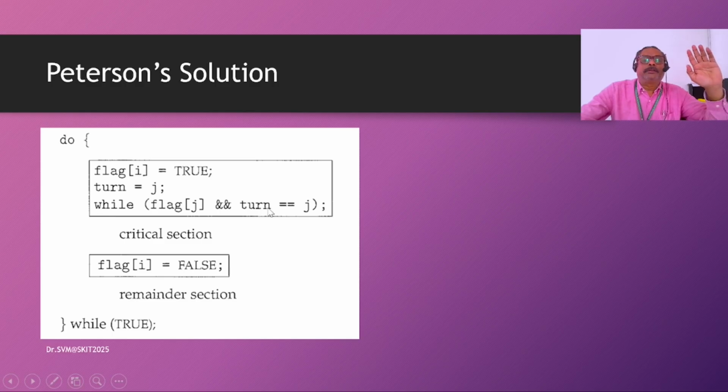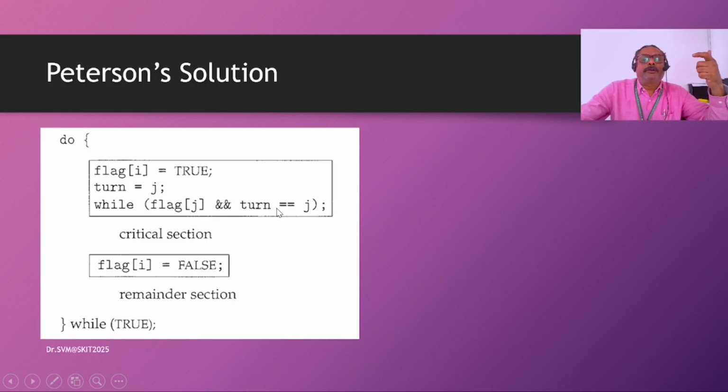That means when both are true, this whole condition is true. We can see that this while doesn't have any instructions to execute, it is just a single statement ending with a semicolon.